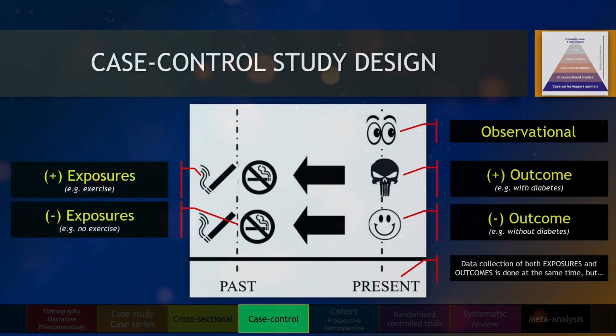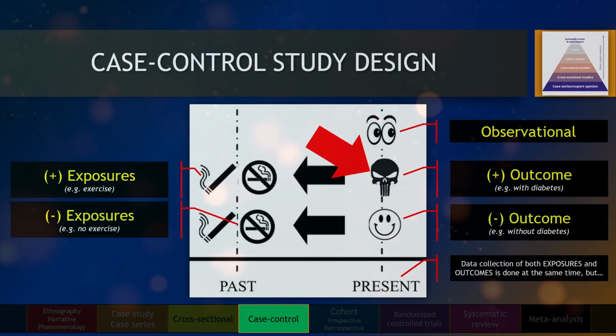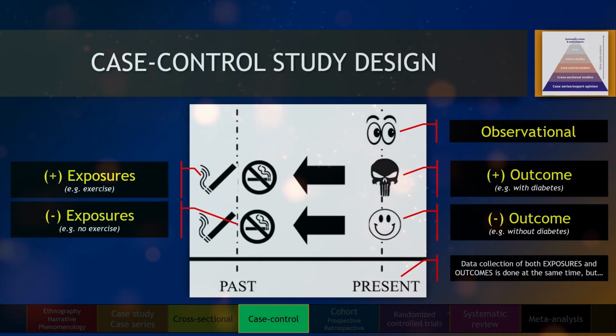Case control study design is the most misunderstood observational study design and is usually confused with retrospective cohort studies. Case control study designs assume some time between an exposure and an outcome, and thus have some form of time element in contrast to cross-sectional studies. In contrast to cohort studies, observation of both exposures and outcomes is only done at a single point in time.